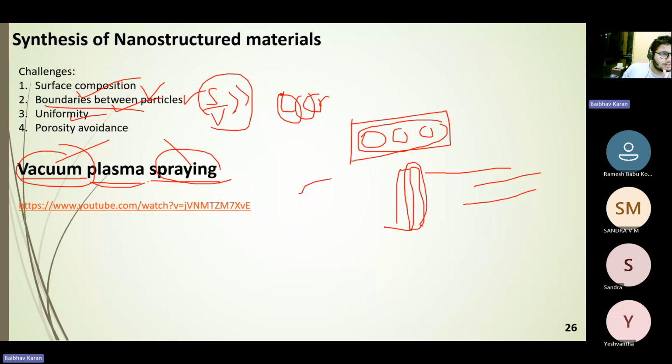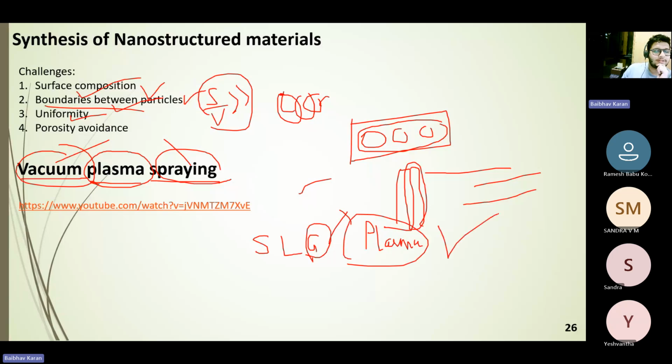Then one more term is plasma. As you know, there are four states of matter: solid, liquid, gas, and above gas there is the plasma state of matter. And the plasma state is a very high temperature state, very high. You know the gaseous state, right? It is also considered a high temperature state. In a gaseous state, the particles are randomly moving.